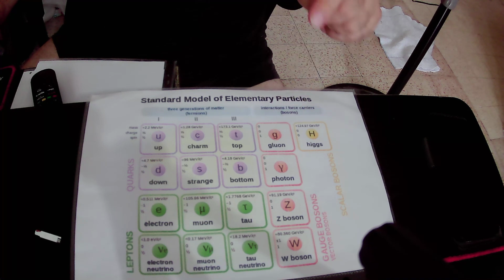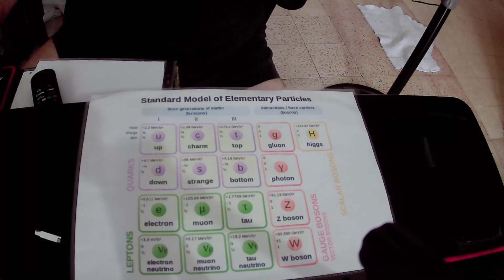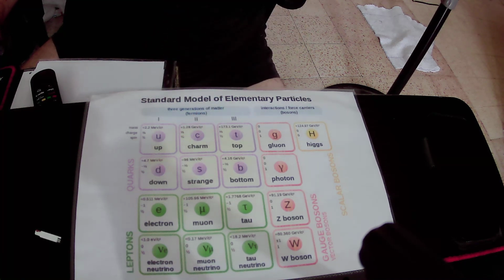As you can see from this table, only the photon and the gluon don't have mass, but all the other subatomic elementary particles have mass, and that mass is provided by the Higgs boson, and we can say generally that the Higgs boson is responsible for the mass that we have in matter. Okay?